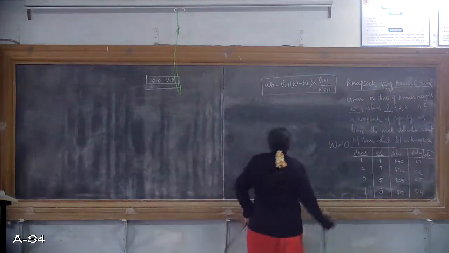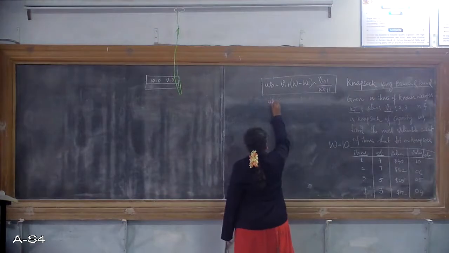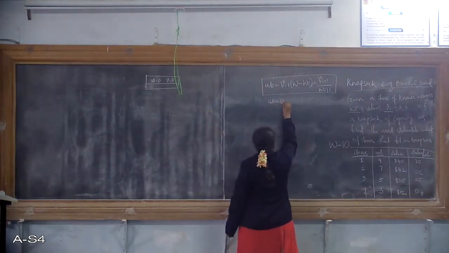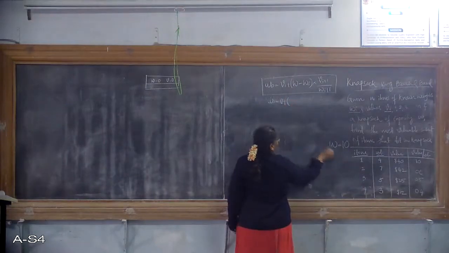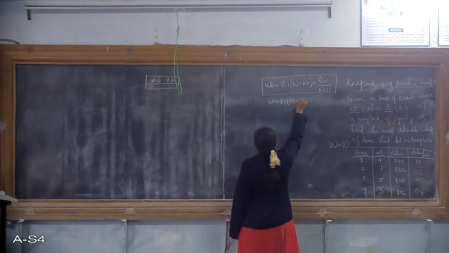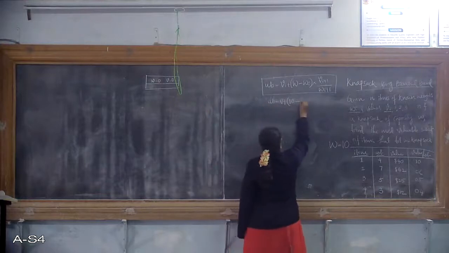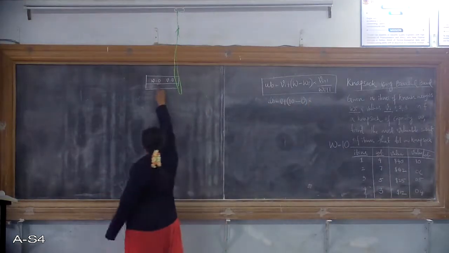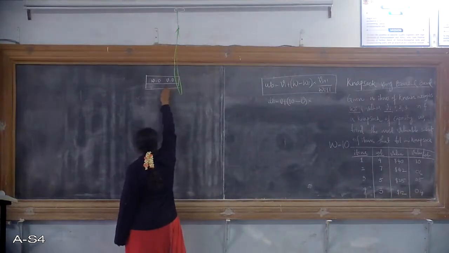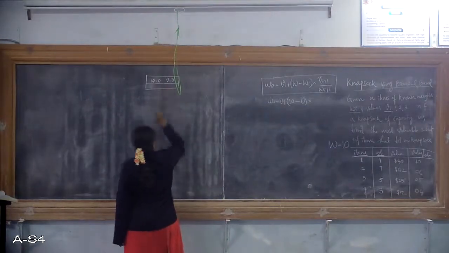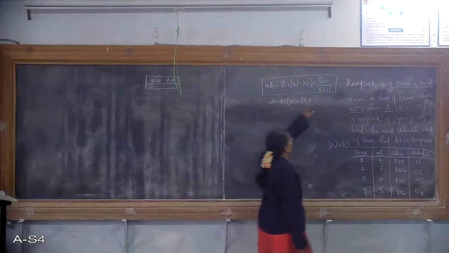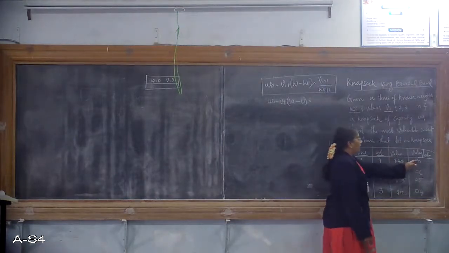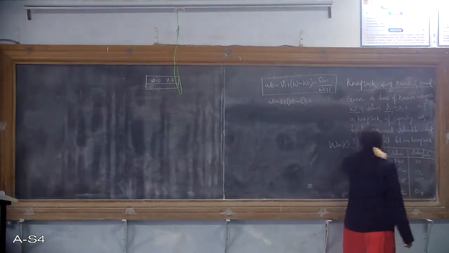So UB equals V0 plus capital W, which is 10, minus small w, which is 0, times, when we are at the 0th item where W equals 0 and V equals 0, V of i plus 1 by W of i plus 1, which indicates the value by weight ratio of the next item.